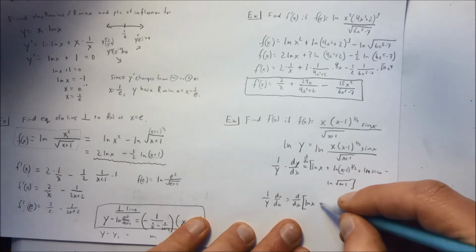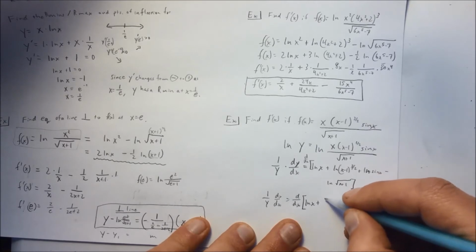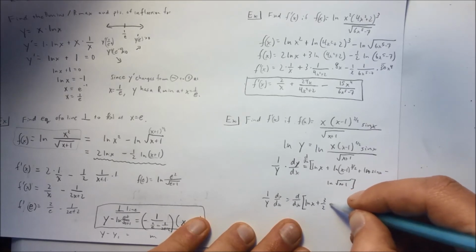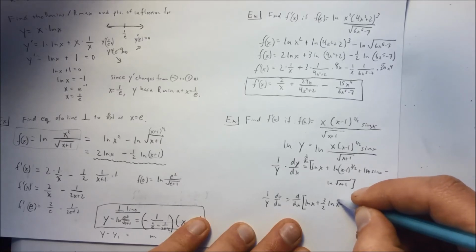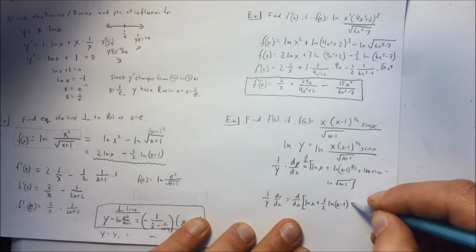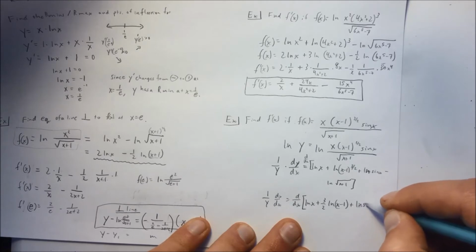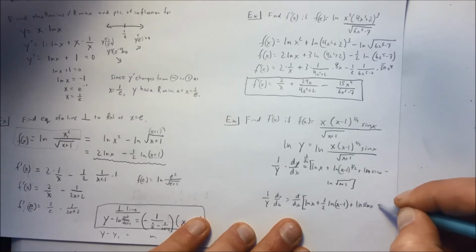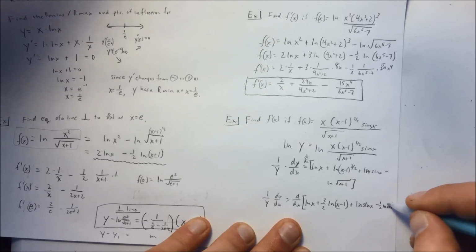Natural log of x plus 3/2 natural log of x minus 1 plus natural log of sine of x minus 1/2 natural log of x plus 1. Running out of room here, sorry about that.